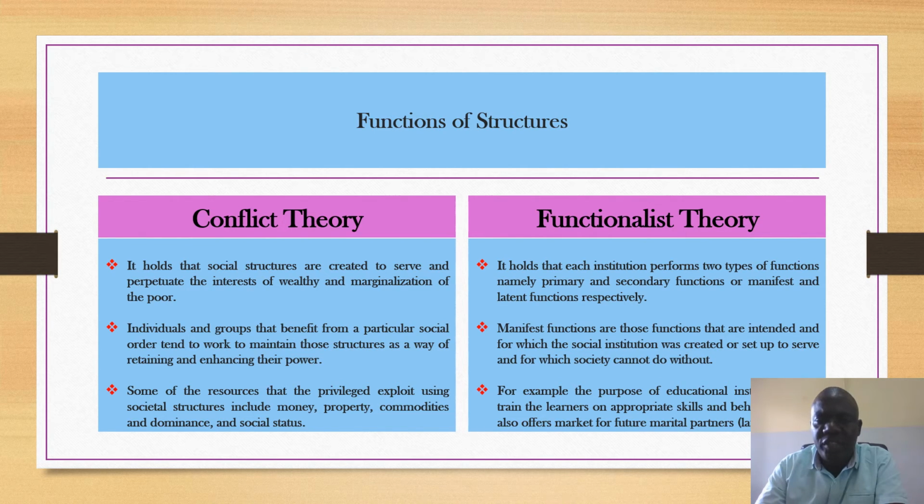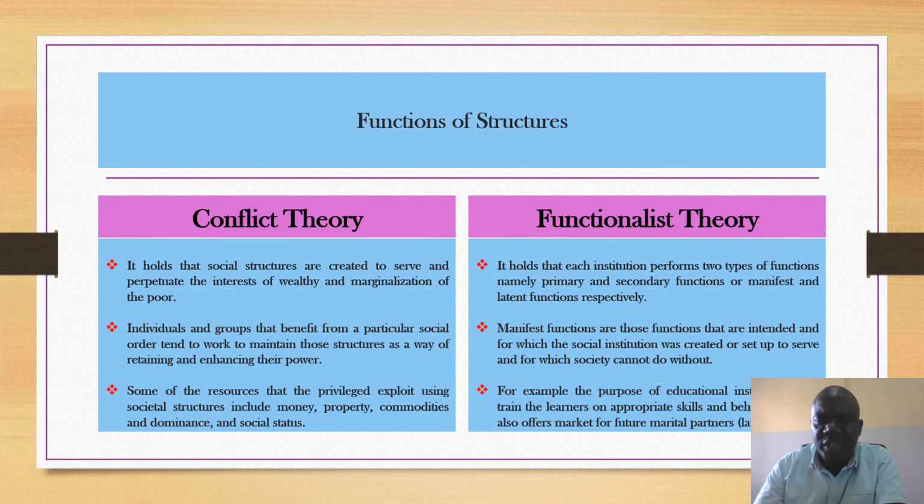On the other hand, functional theory holds that each of these structures, that is, the institutions that form the basis of structuring society according to functionalism, they play important roles in society. And these roles can be divided broadly into two, that is, manifest, or what we call main functions, and then latent, or what you can call secondary functions.